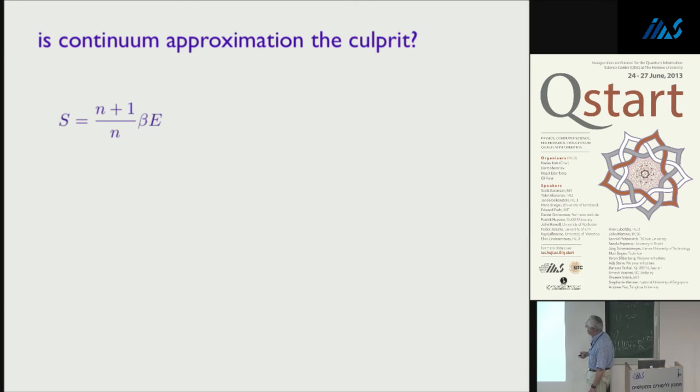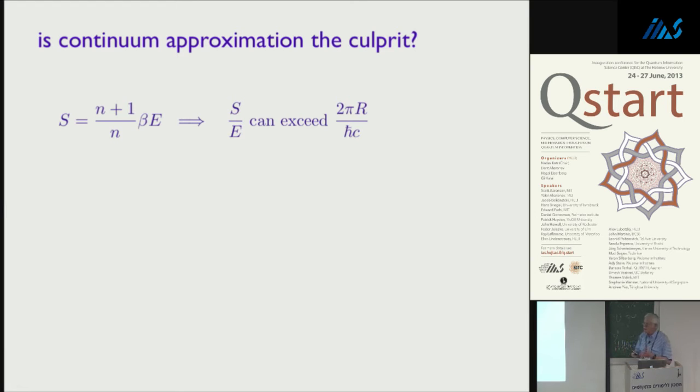Now, you can immediately see that S over E can exceed 2 pi r over h bar c by the simple expedient of making beta very big. Beta is 1 over the temperature, so if you go to low temperatures, it seems that you violate the universal entropy bound. So radiation violates the universal entropy bound.